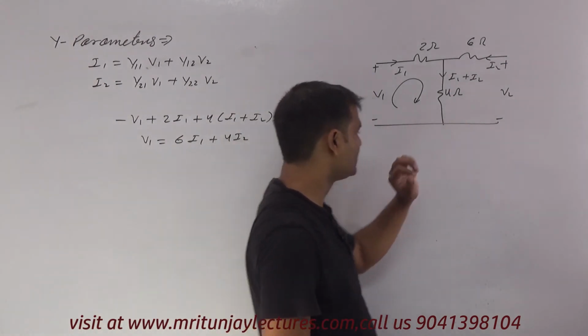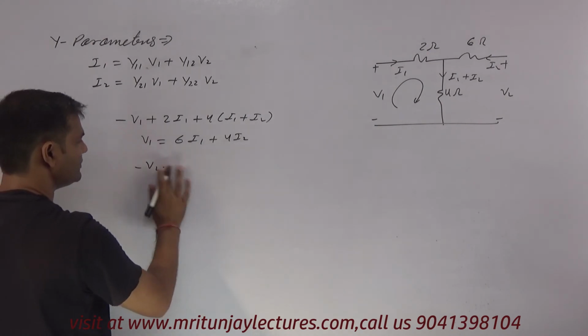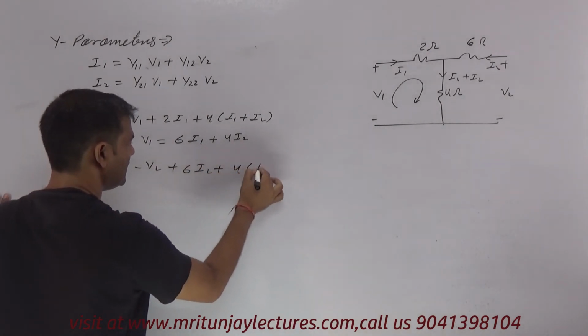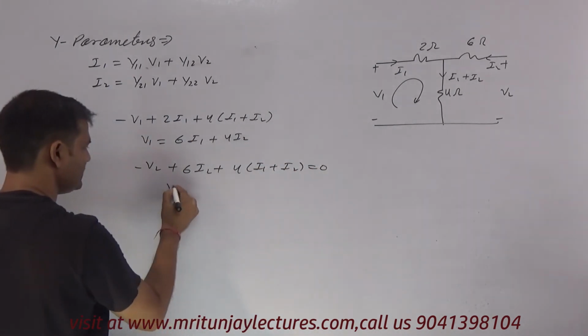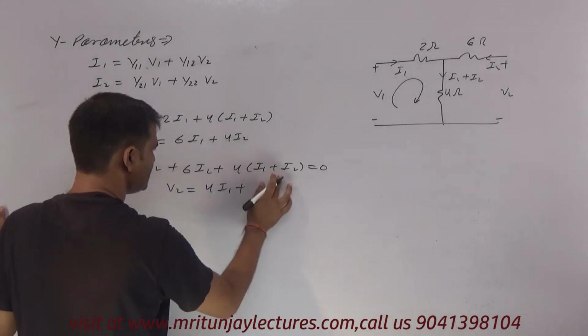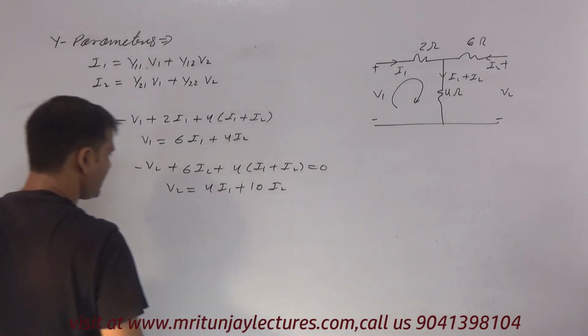Now follow this loop: minus V2 plus 6 I2 plus 4(I1 plus I2) is equal to 0. So V2 is written as 4 I1 plus 10 I2. Very simple.